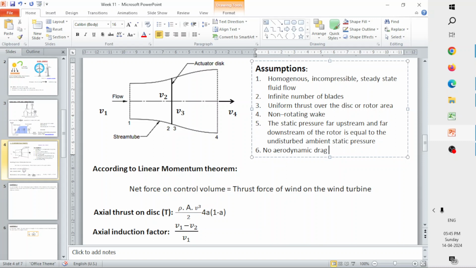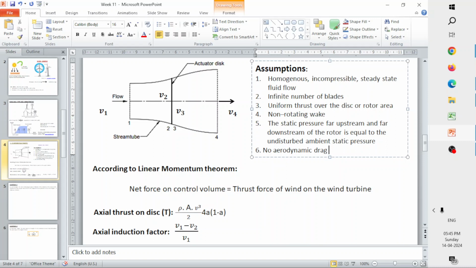But when there is a finite number of blades, the tip loss will come into picture, and we have assumed that there will be a non-rotating wake formed when the air flows through the airfoil. But that is not the case. Whatever wake is formed is rotating in nature, and since there is a rotating wake behind the rotor, there will be an energy dissipation.